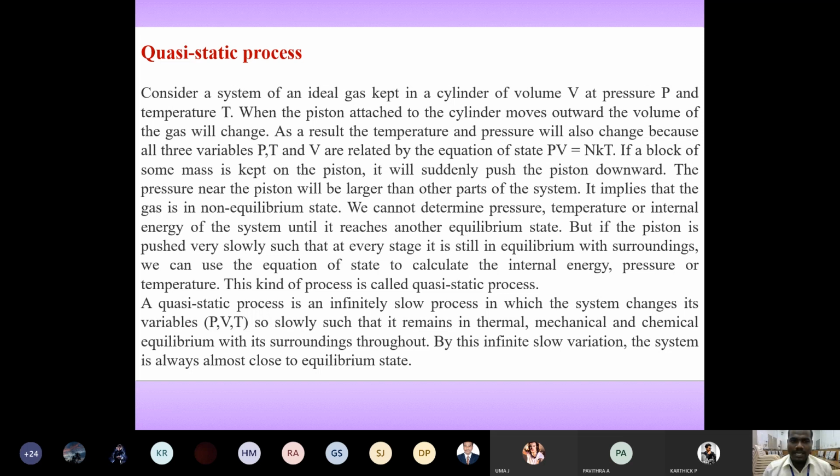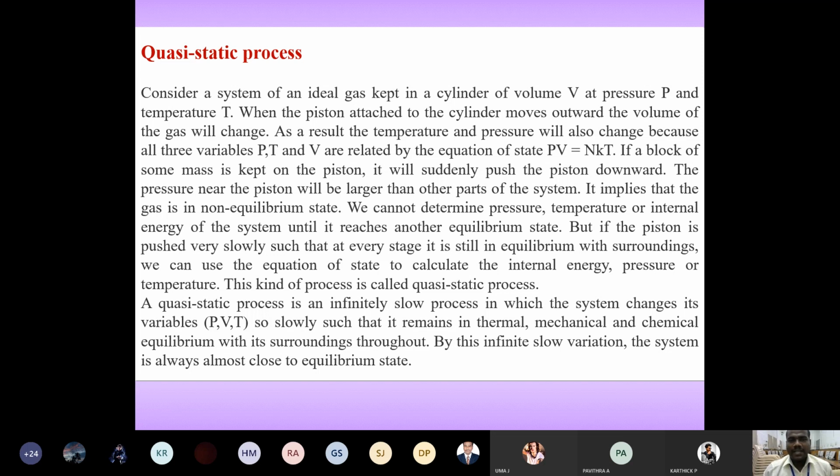So in a piston cylinder arrangement, we have the gas with some properties or variables. When the piston attached to the cylinder moves outward, the volume of the gas will change, right? So if we move the piston outward, there will be an increase in volume, right?